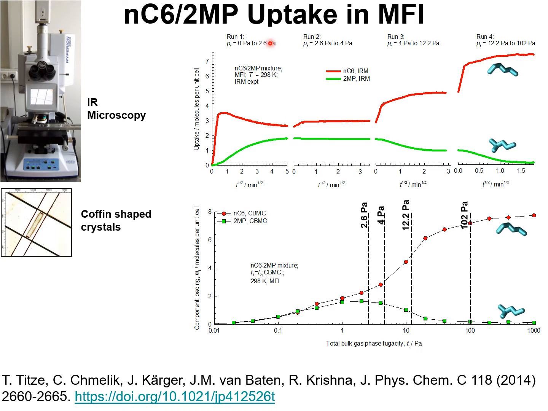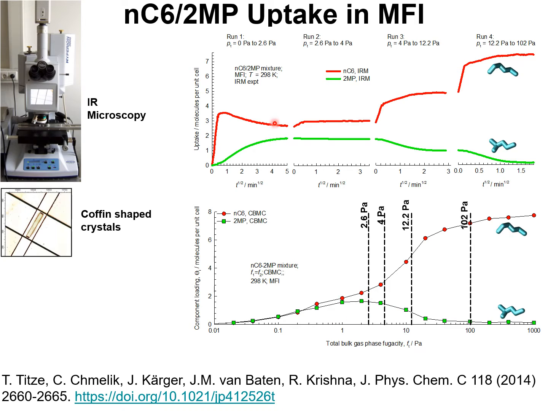These pressures, 2.6 pascals, 4 pascals at the end of the equilibration step, 12.2 pascals and 102 pascals are indicated by these vertical dashed lines.